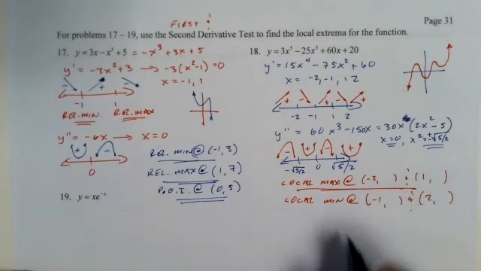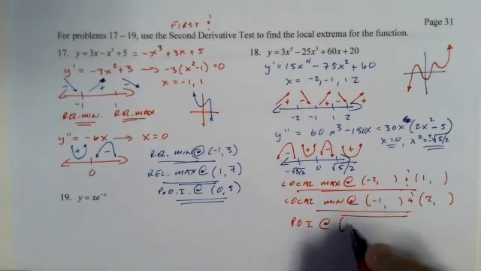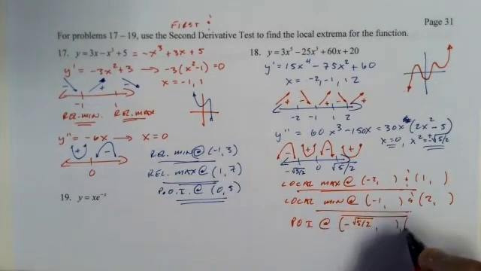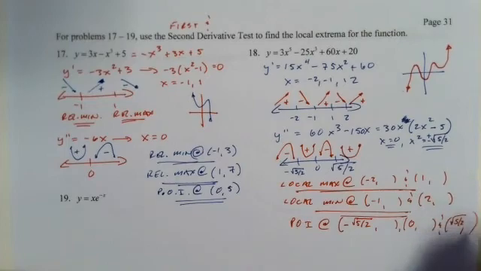I'm going to show you how to do that quickly. And POI at -5/2 comma something, 0 comma something, and 5/2 comma something.